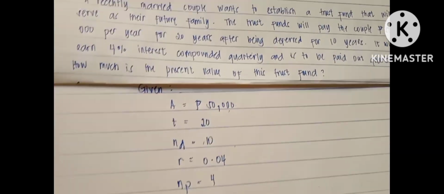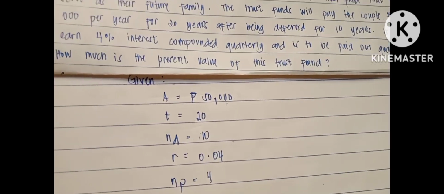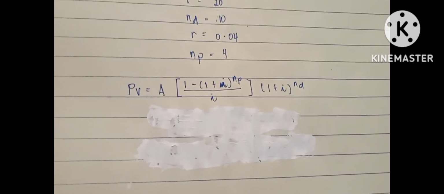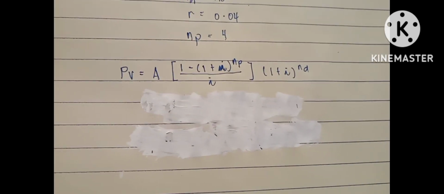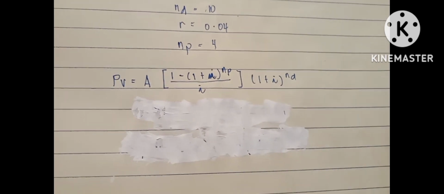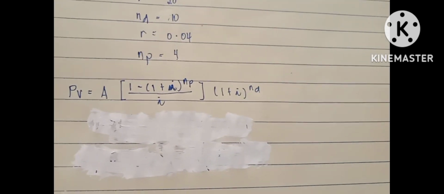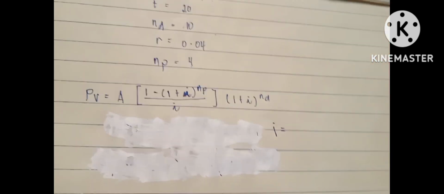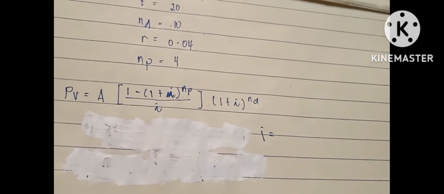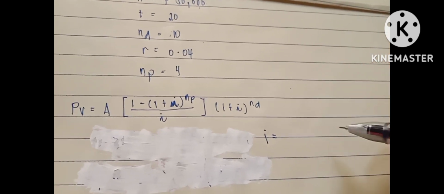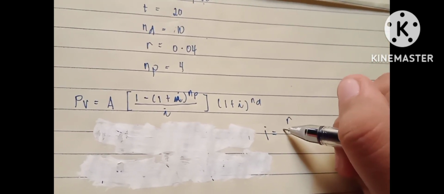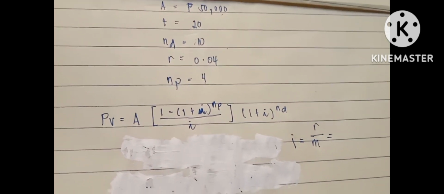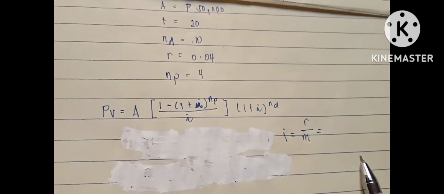So in order to get the present value of this trust fund, we will use this formula. But before we go through this formula, ato sa pangitaon ang I. Di ba, ningon man ko ganina, in getting the I, the formula is R divided by M, which R is the rate of interest and M is the number of period in a year.